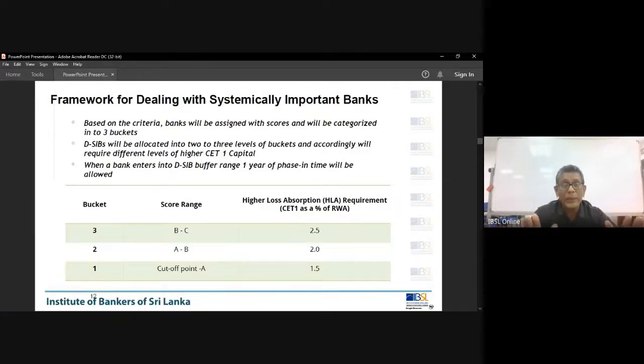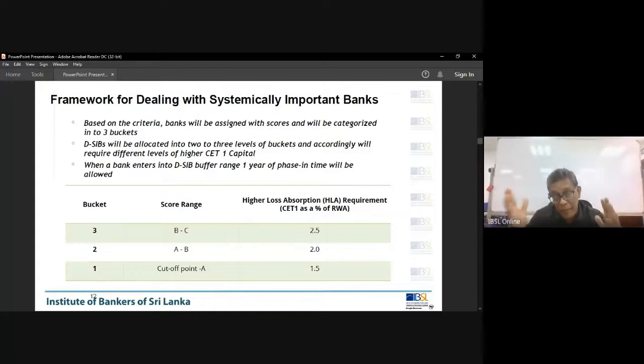So all these domestically systemically important banks have three buckets. In Sri Lanka, they have put them into three brackets: bucket 1, bucket 2, and bucket 3, right?